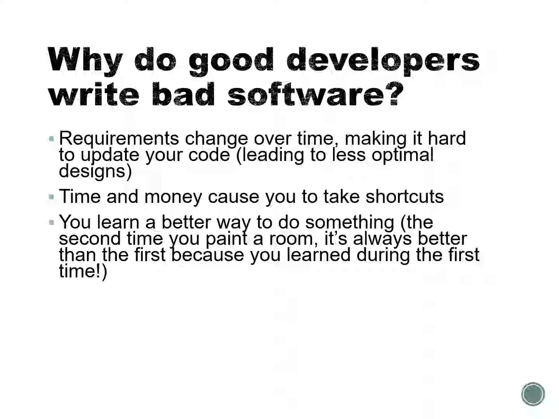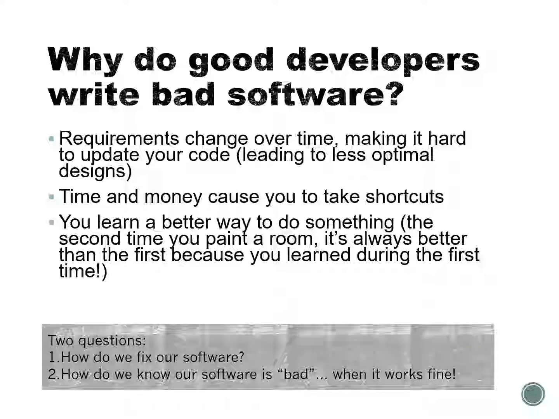The analogy here is like painting a room or painting a building: your second job is always better than the first one, simply because you know more about painting buildings at that point. So a similar analogy applies also to software development.